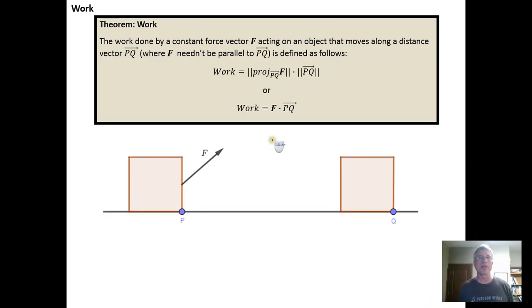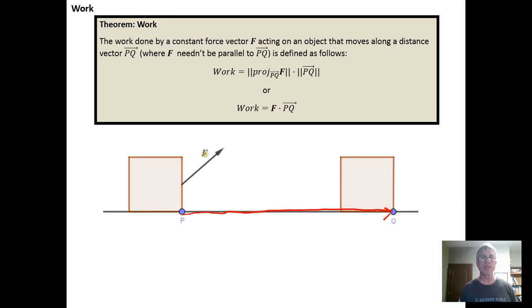Where we get a little sticky is if the force that's being applied isn't parallel to the distance vector from P to Q. So here's the distance vector from P to Q. We move an object through that distance vector.